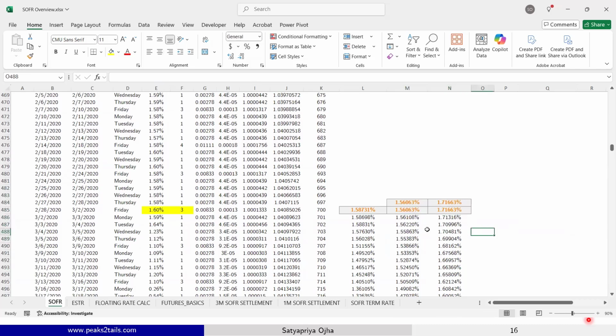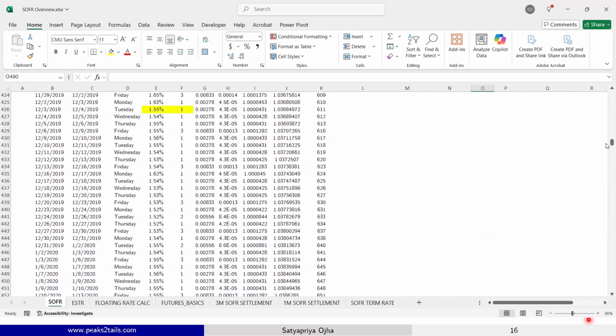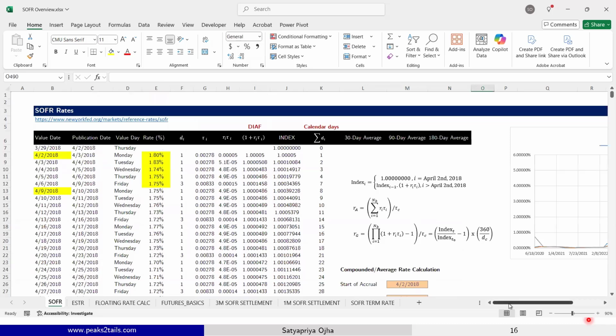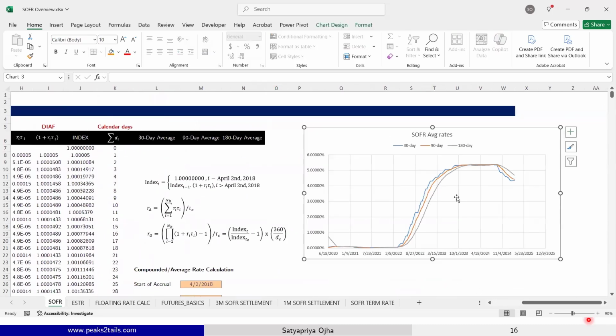I have matched the calculation using the formula against what is published on the website, so you can try that out. It's the same formula that we discussed. And this plot shows you that the SOFR daily rates are not smooth. There are jumps. But obviously, if you take a moving average, they would be smooth.